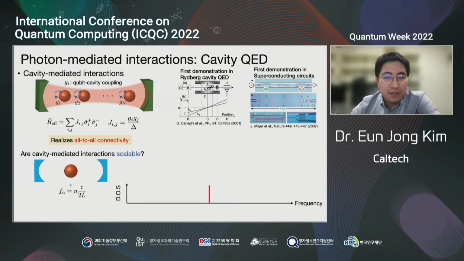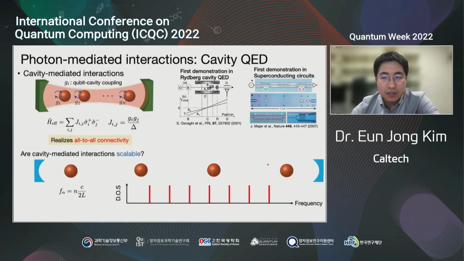Therefore, if we decide to double the size of the cavity to accommodate more emitters, for example, the mode spectrum gets denser by a factor of 2. And further doubling the system size again to accommodate more emitters, the mode spectrum gets denser again. And therefore, it is quite evident that increasing the size of the cavity will eventually lead to the breakdown of a single mode picture of cavity QED, which is used to obtain this form of interaction.